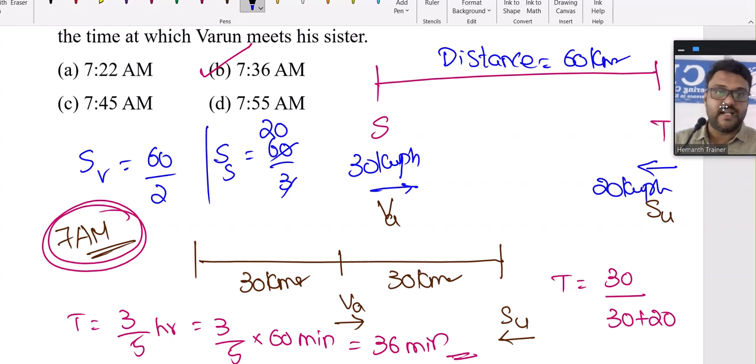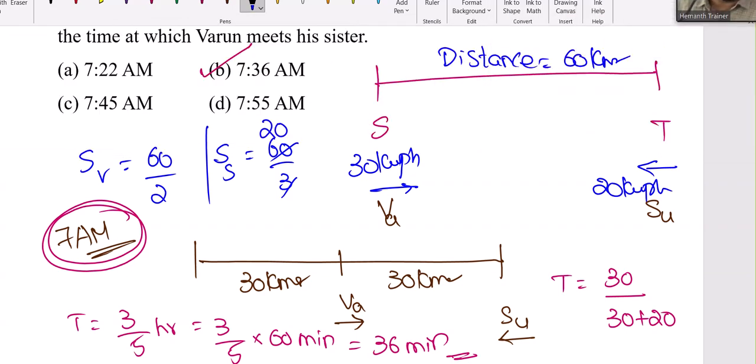This is an excellent question for sure, I can say. Because the timings are different and they didn't give the distance or the speed, still we are able to solve it. And with common sense also we can understand. Suppose Varun started at 6 a.m. and reached at 8 a.m., and Suman started at 6 a.m. and reached at 8 a.m. When will they meet?